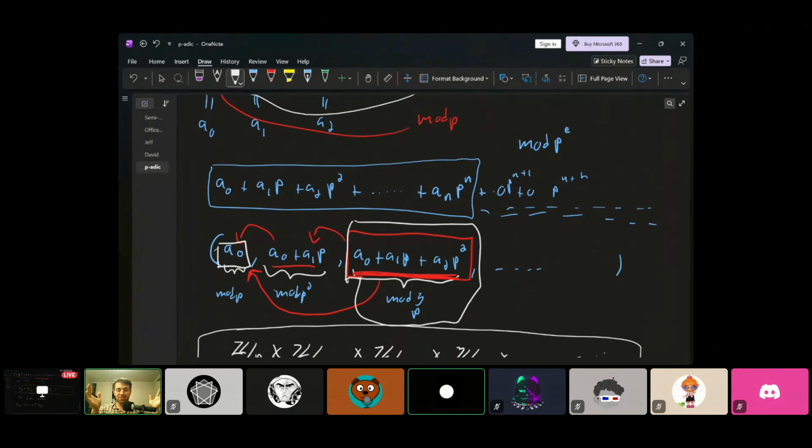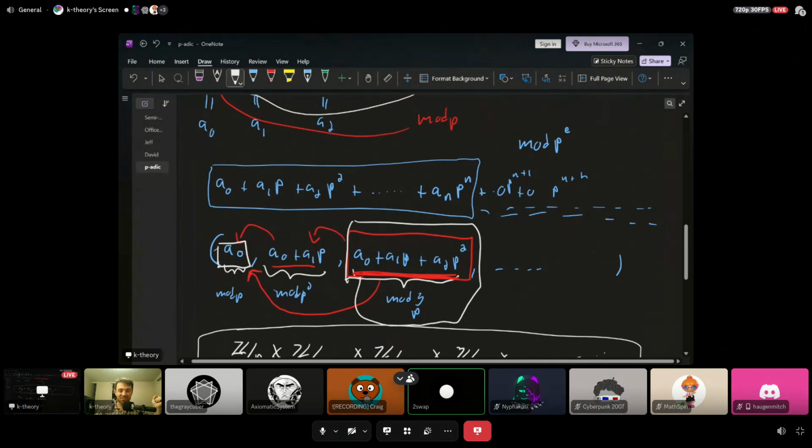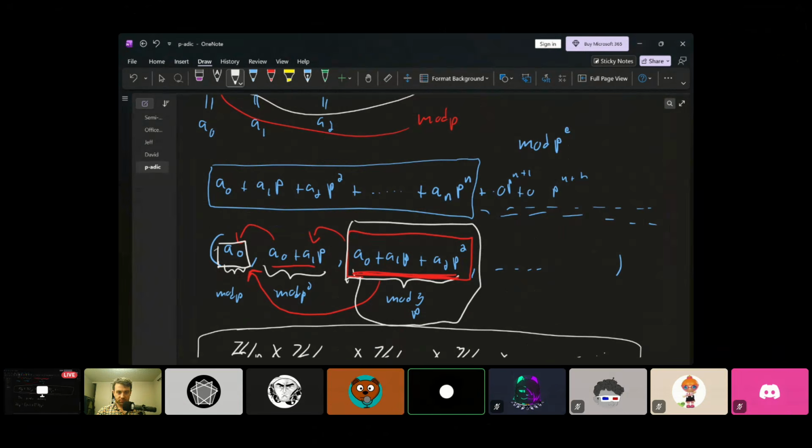Hopefully. Let me try to regurgitate that back to you. I think I get the reason why we're doing what we're doing here, but I want to make sure. My understanding is that this set you've constructed, with a0 plus a1 p plus a2 p squared, is converging towards something in some sense, insofar as more and more data is being stored as you get further and further to the right.